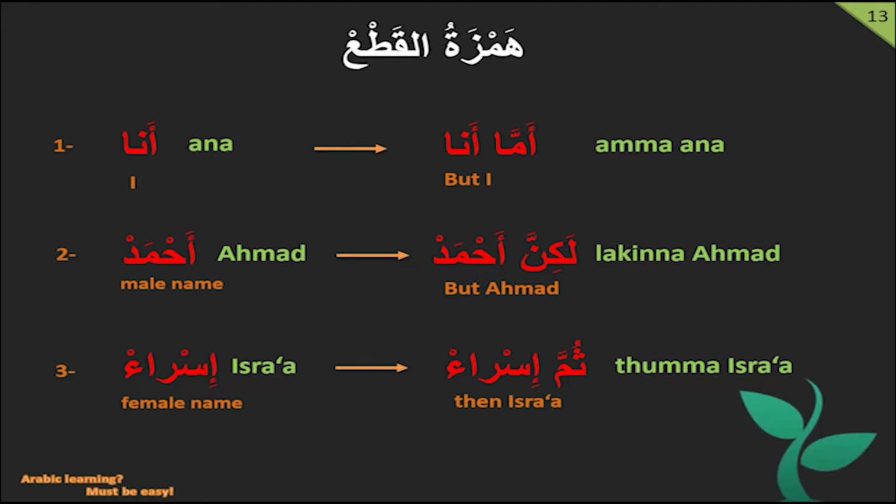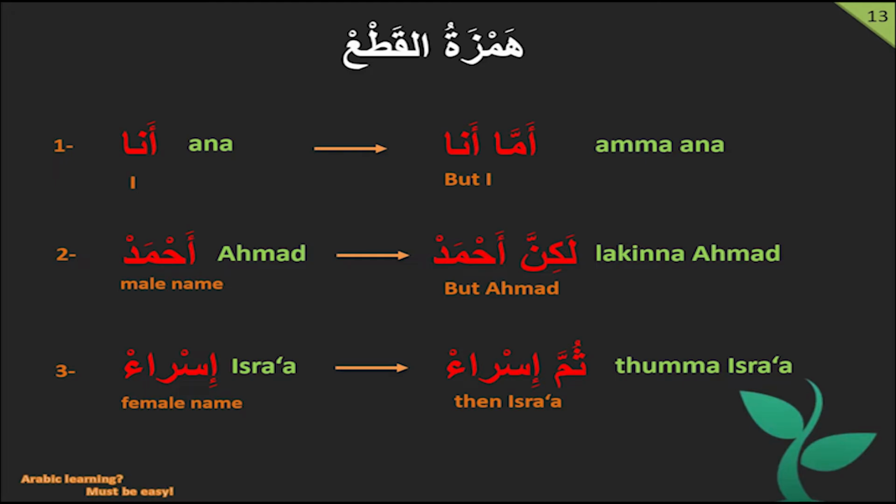On this slide, there are 3 examples of Hamzatul qata'. The first is ana. Ana means I, with the addition of amma. Amma means but, is pronounced together amma ana.